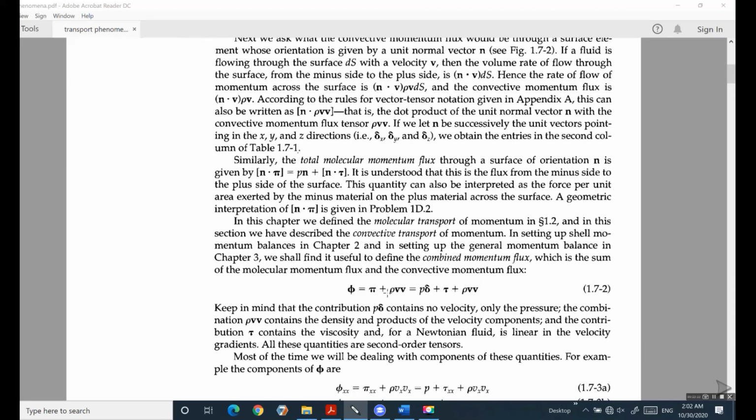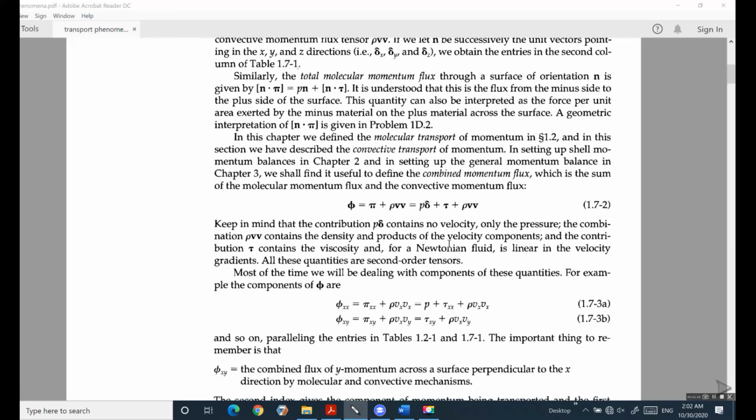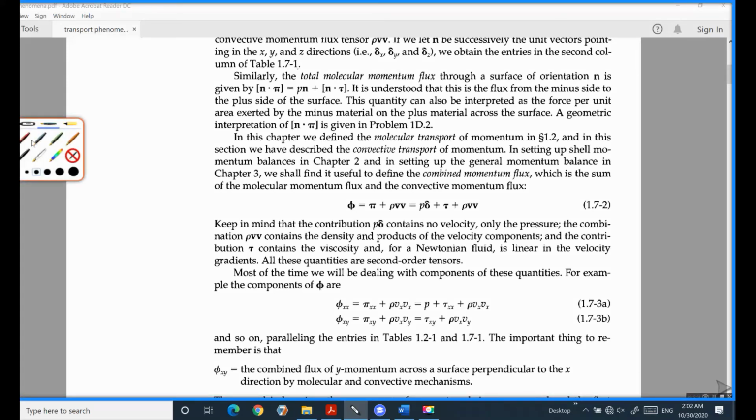Similarly, then finally the combined momentum flux, which is the sum of the molecular momentum flux here and the convective momentum flux here. We can write this in the open form like this.